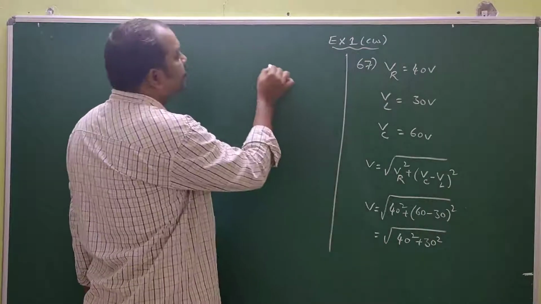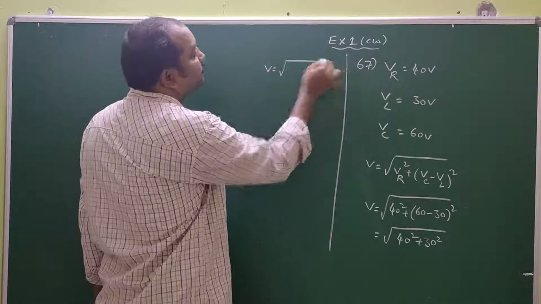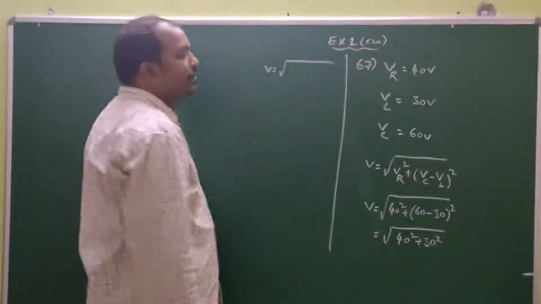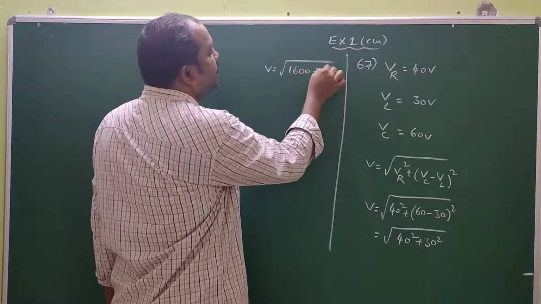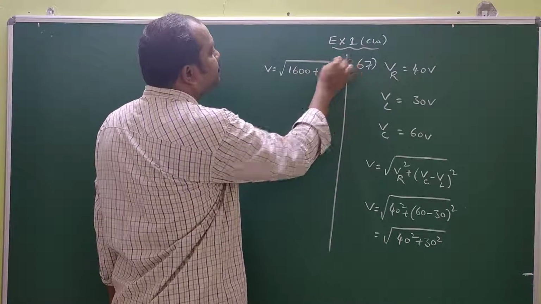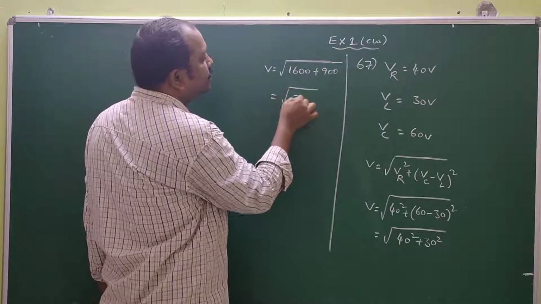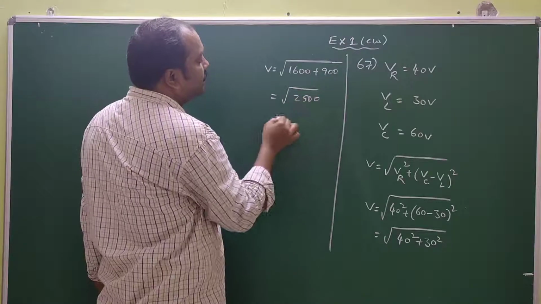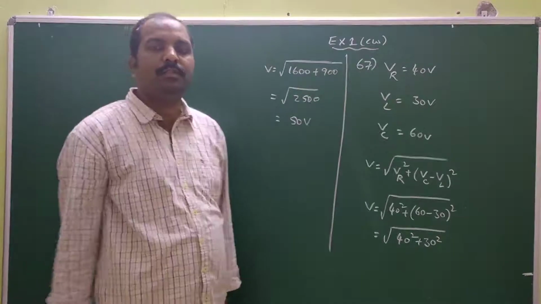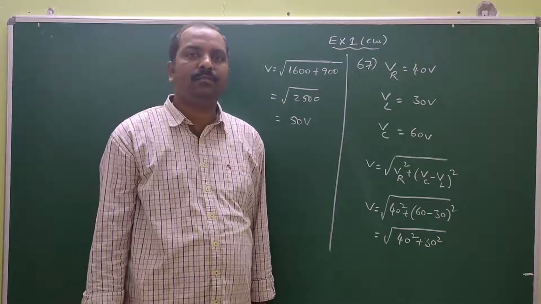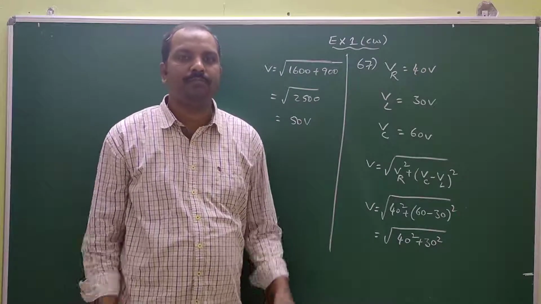So that potential V is equal to under root of 40 square, which is 1600, plus 30 square, which is 900. So it is under root of 2500, which is equal to 50 volt. So the applied potential is 50 volt.